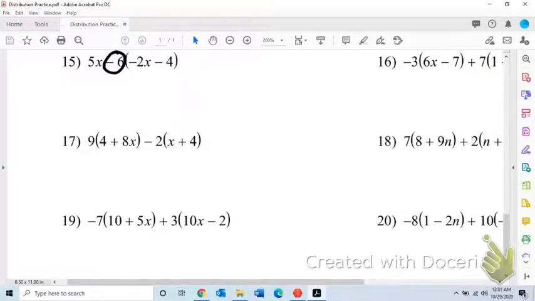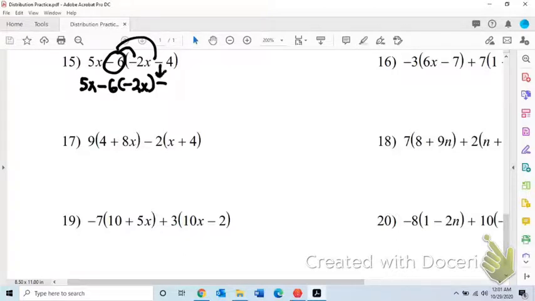If you're having trouble with number 15, we go negative 6, and we distribute that. So that gives us 5x. Remember, when we distribute the negative 6, we distribute the negative as well. So that gives us negative 6 times negative 2x minus, we bring that minus down right there.